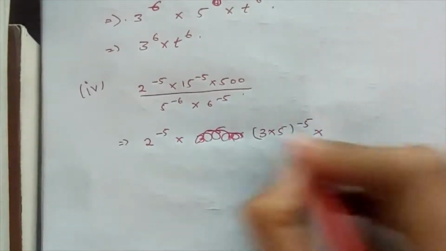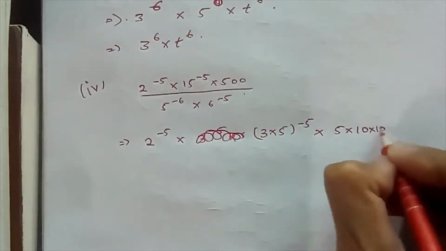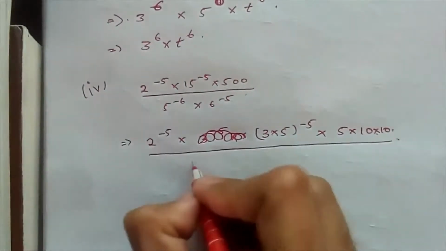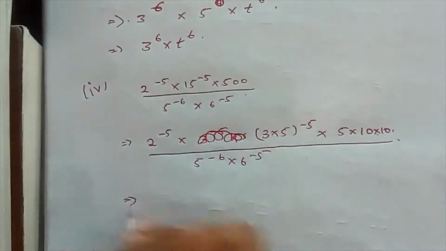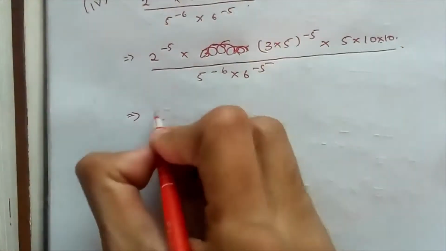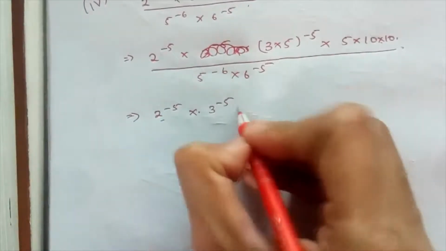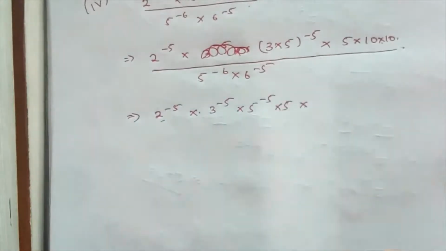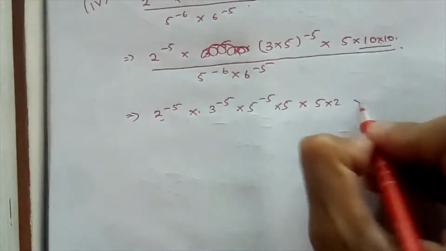And 5 into 10 into 10 is 500. 5 to the power minus 6 into 6 to the power minus 5, now it's 3 to the power minus 5 into 5 to the power minus 5 into, now we can also break it as 5 into 2 into 5 into 2.